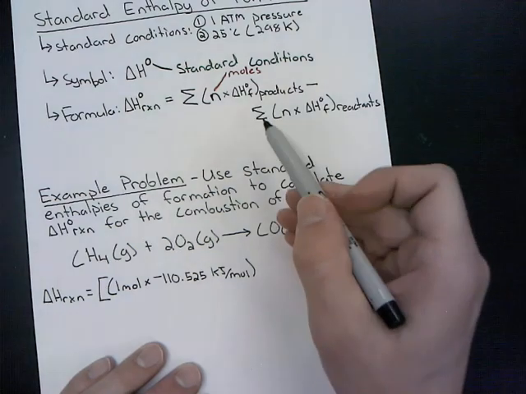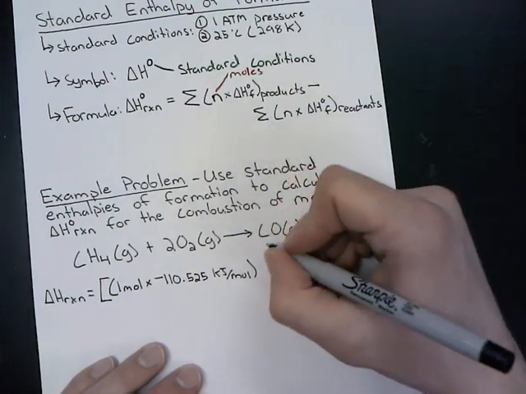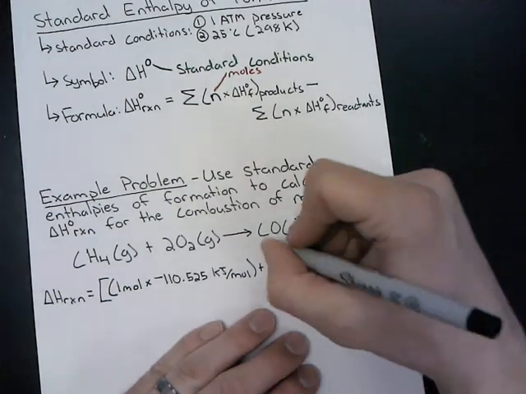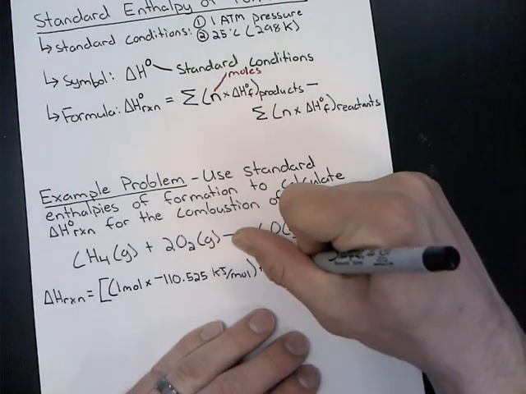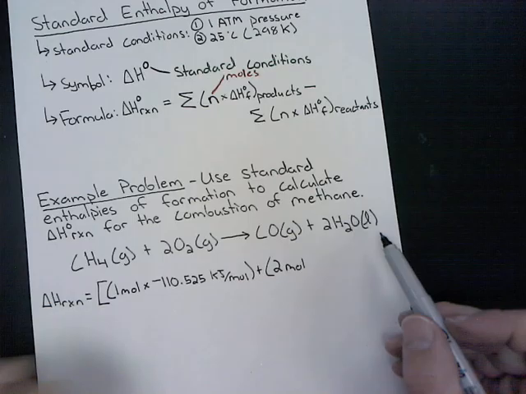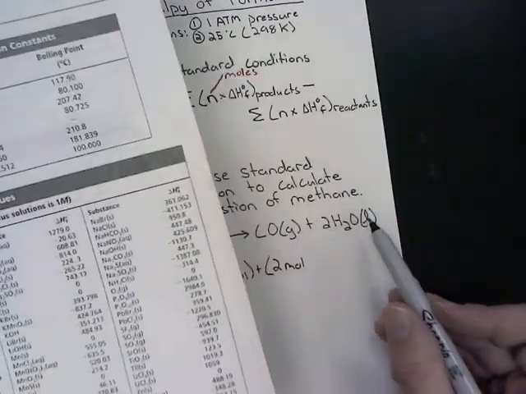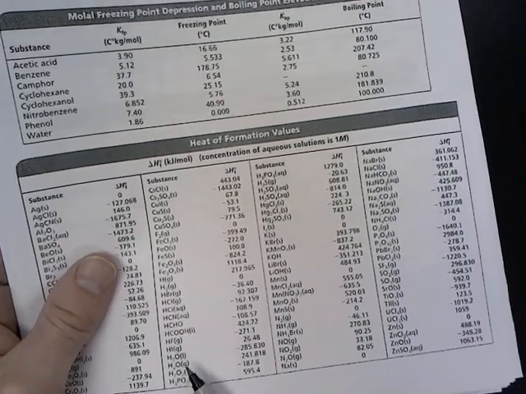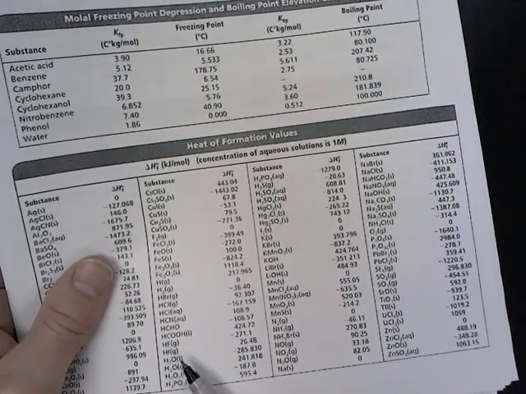Now this little symbol up here says add everything together. So that means I have to take the other product that is involved. I have 2 moles of H2O, and we have to be careful here. H2O is a liquid. If you look on the chart, you'll notice there's a couple of H2Os.